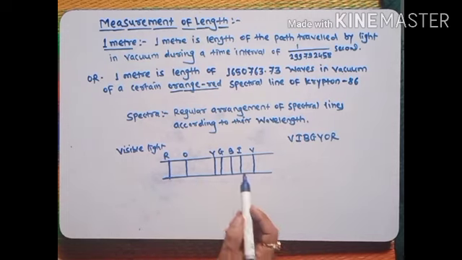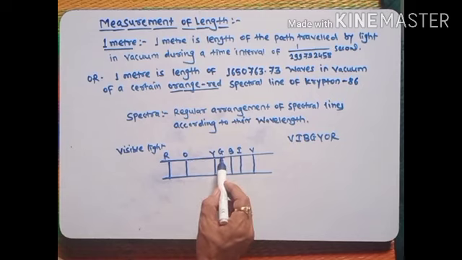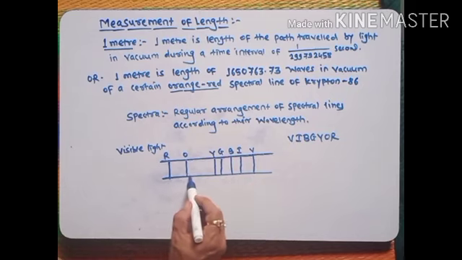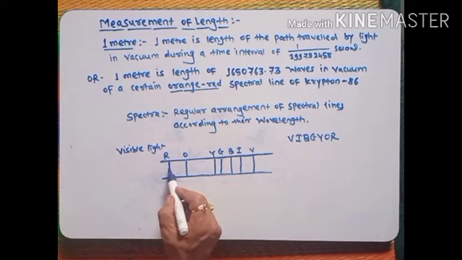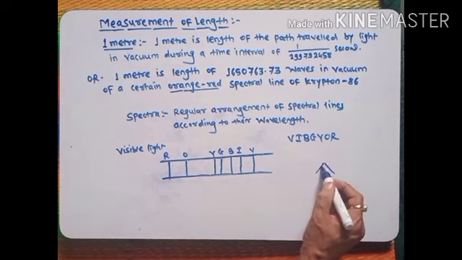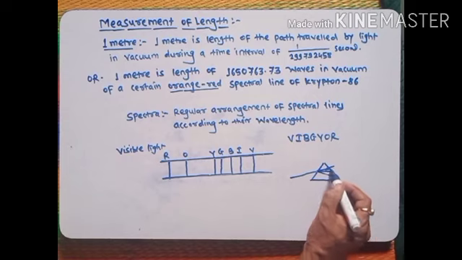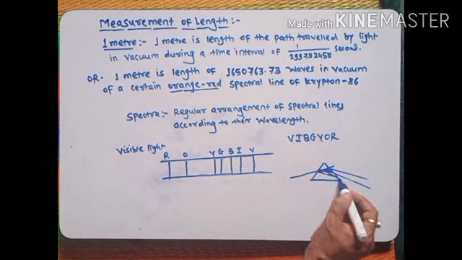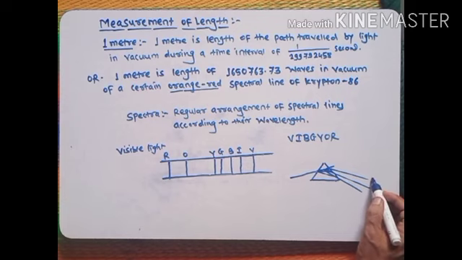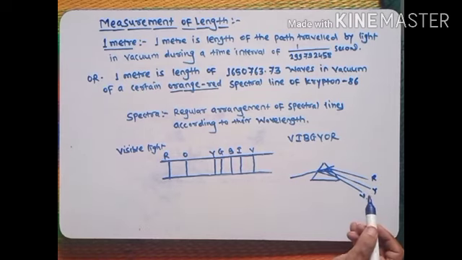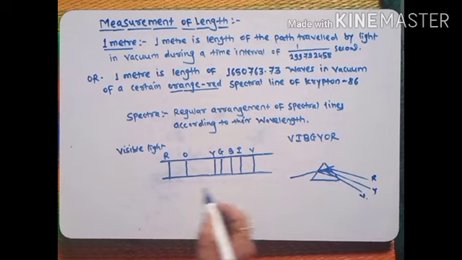Suppose you consider sunlight and pass it through a prism, then these lines get separated. I will show only 3 colors: red, violet, and yellow in the middle. This is the spectra, or the dispersion concept.